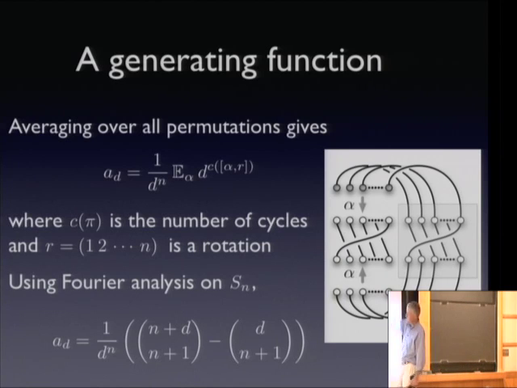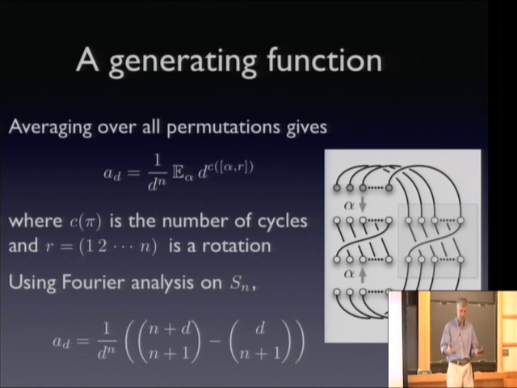The nice part of the story comes next. We actually have a way to exactly analyze this using harmonic analysis in the symmetric group. If you're familiar with that technology, it's quite clear why. The function d to the number of cycles in a permutation is a class function.